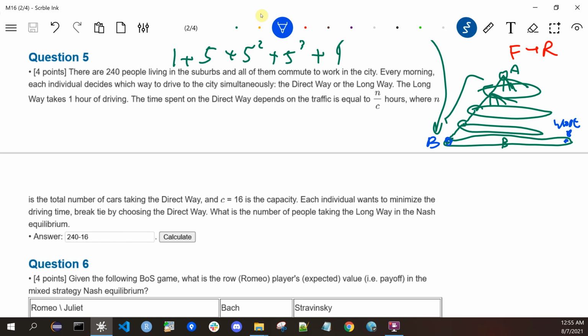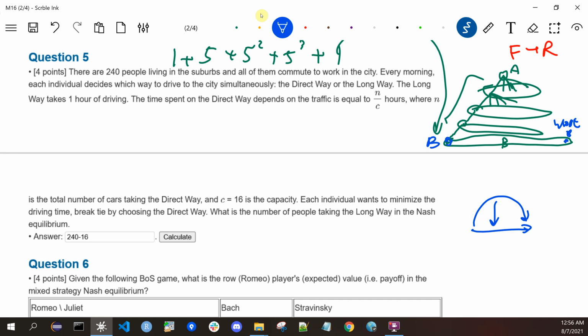So the reason behind this is the amount of time it takes to go through the long way and the direct way should be the same. If it's not the same, then for example, if the long way takes longer, then some of these people will switch to the direct way.